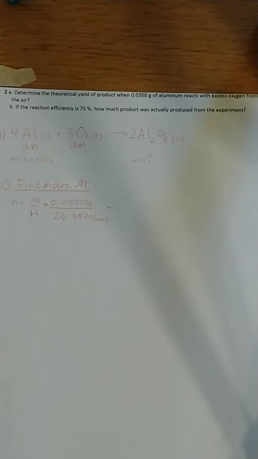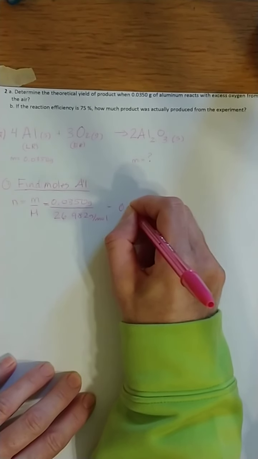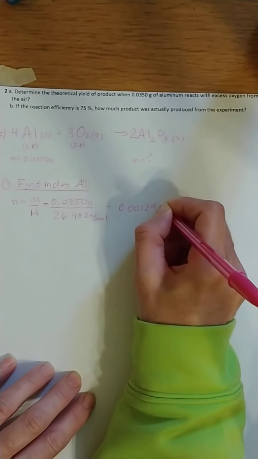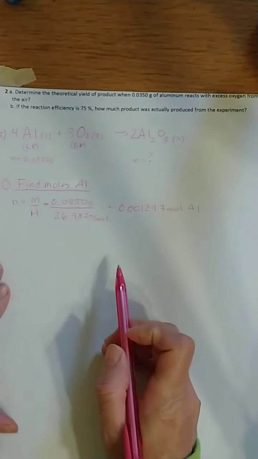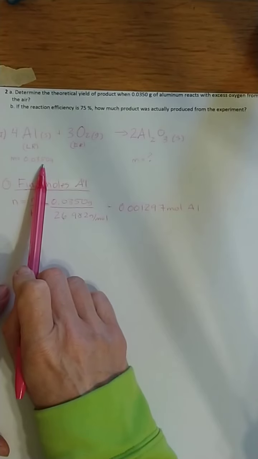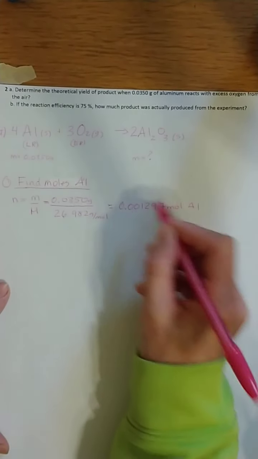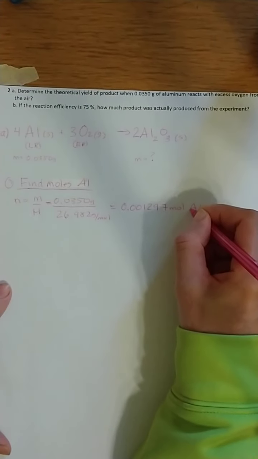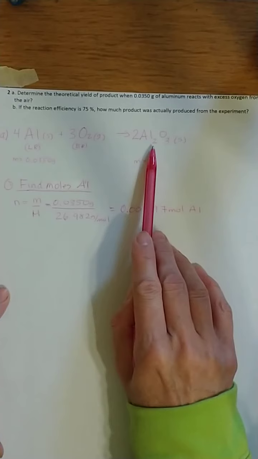So now we can do that division, 0.0350 divided by 26.982, and we get 0.001297 moles of Al. So what that means is 0.035 grams of aluminum is equivalent to 0.001297 moles of aluminum.